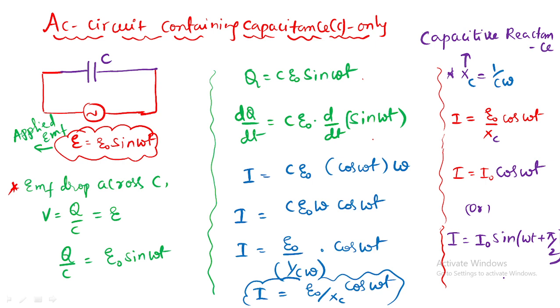So then sine of omega t plus pi by 2. Then shall I move on?